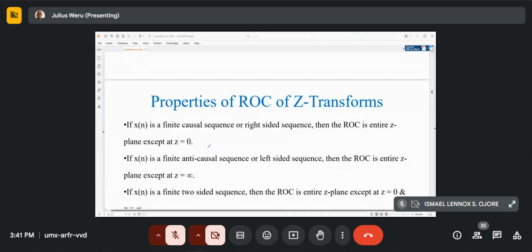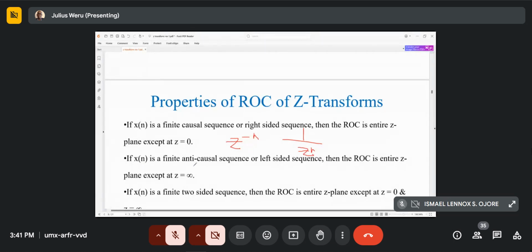Here z can't be 0, because if it is a right-sided sequence, it will have z to the minus n, which means 1 over z to the n, because n is positive. If z is 0, the Z transform goes to infinity.